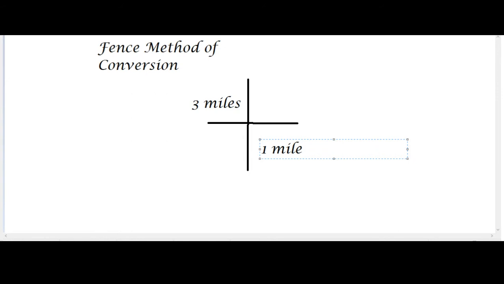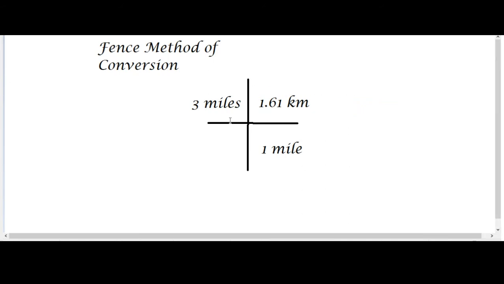And from what we've seen earlier in class, there are 1.61 kilometers in 1 mile. So what you're going to do is multiply across these sides. These numbers right here is what you're going to multiply.